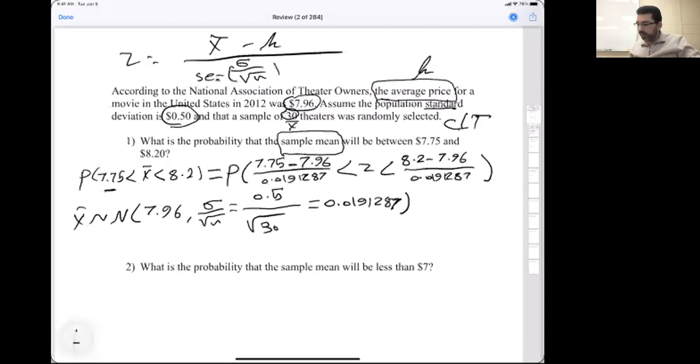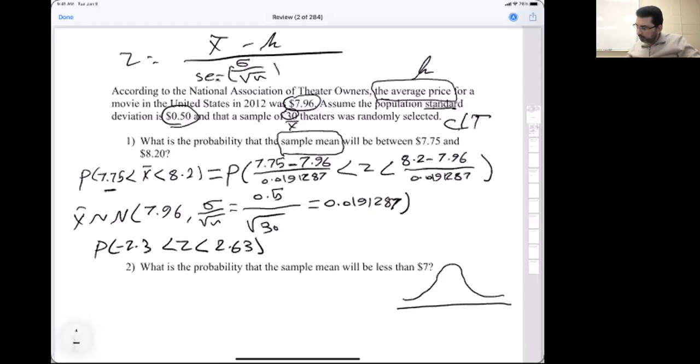Now we can find the values for these two equations. So z will be between negative 2.3 and 2.63.